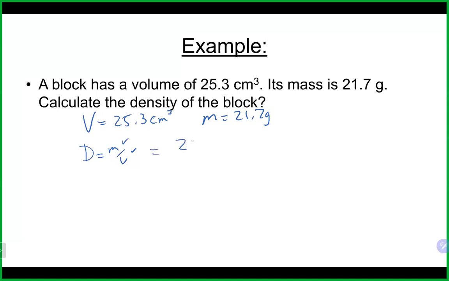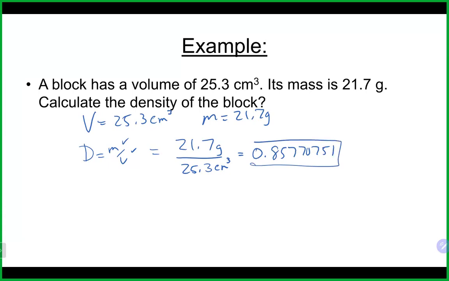We will go 21.7 grams divided by 25.3 cubic centimeters. We pop that into our calculator, 21.7 divided by 25.3, and that gets us 0.85.